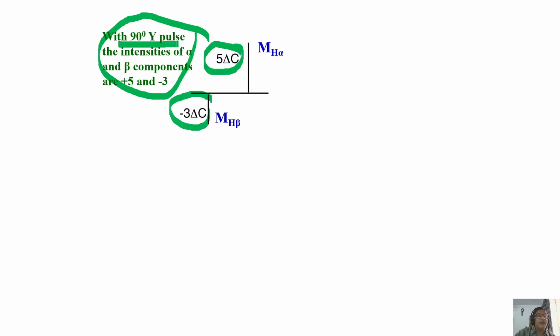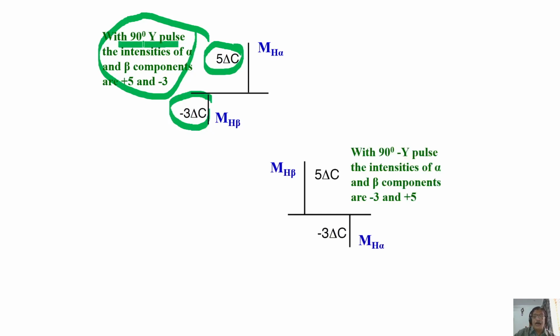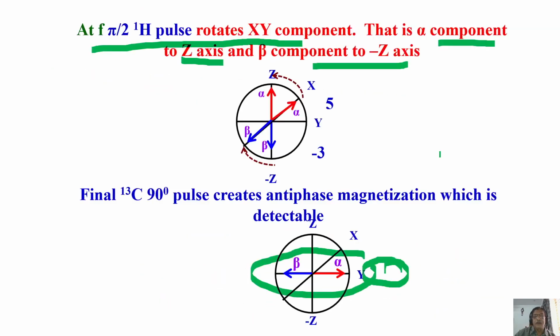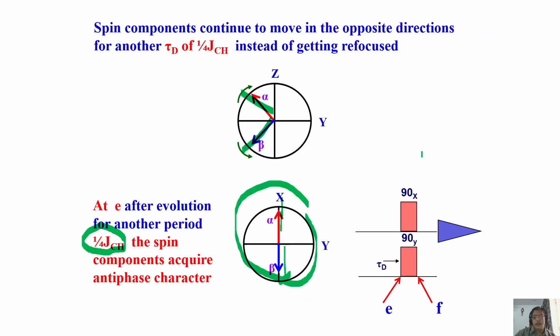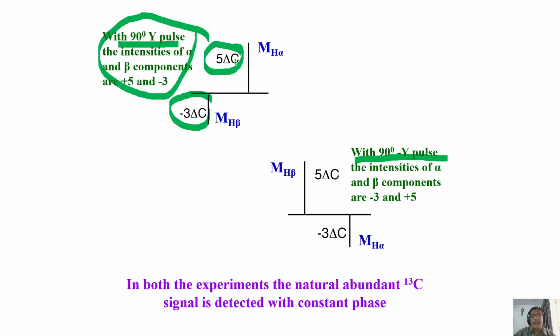I have assumed that I have applied the pulse on Y axis, 90-degree Y pulse. On the other hand, I can also do another experiment with 90-degree -Y pulse, the last pulse. I do two experiments, one by 90 plus Y, another by 90 minus Y.